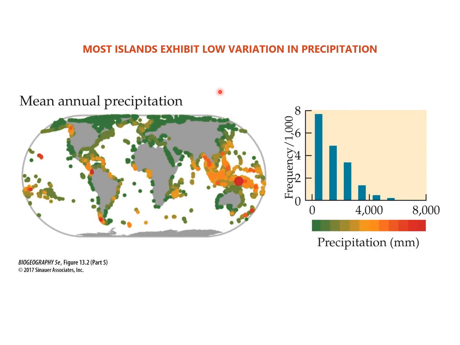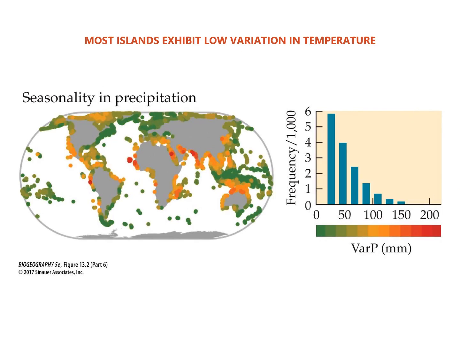Similarly to temperature, we could look at precip, or precipitation, and we see most islands exhibit low values. Here, most of the islands have low precipitation, and there's probably less geographic variation. There's maybe some higher levels of precipitation in this area, but for the most part, most islands have low precipitation. This should probably say low precipitation. We're not really looking at variation here, we're just looking at the precipitation. This slide is more about variation, but it's the same trend. Wow, I should have checked these.